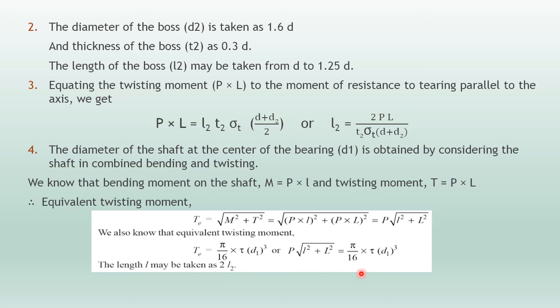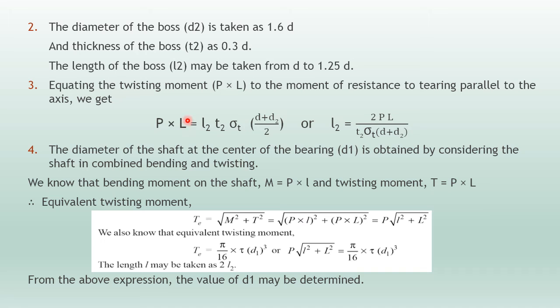So put down all the values in this equation and calculate D1. The length small l may be taken as 2 times L2. From the above equation, the value of D1 may be determined.